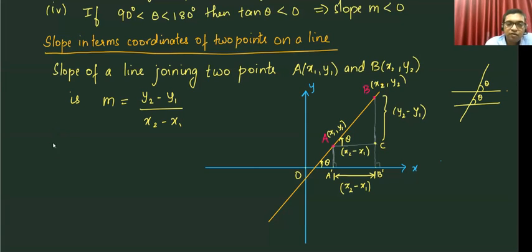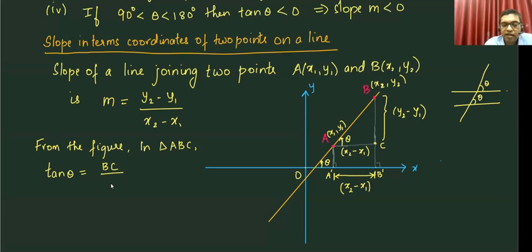Okay. So from the figure you can directly show, in triangle ABC, tan theta is opposite side by adjacent side.